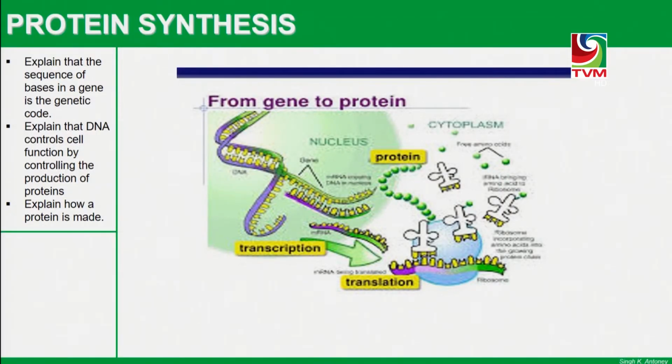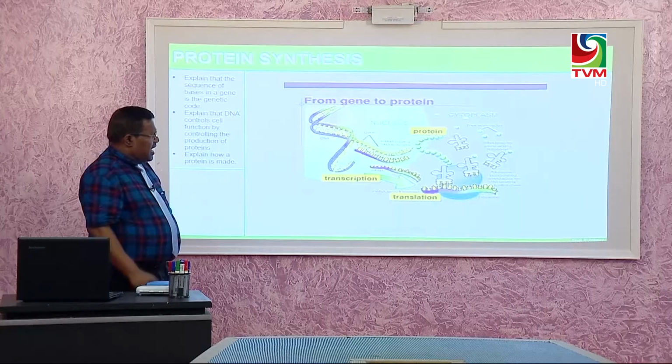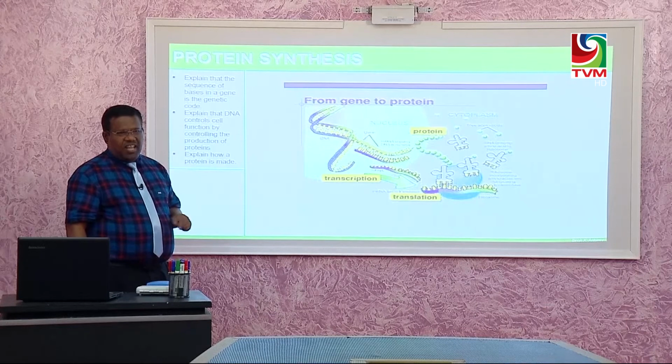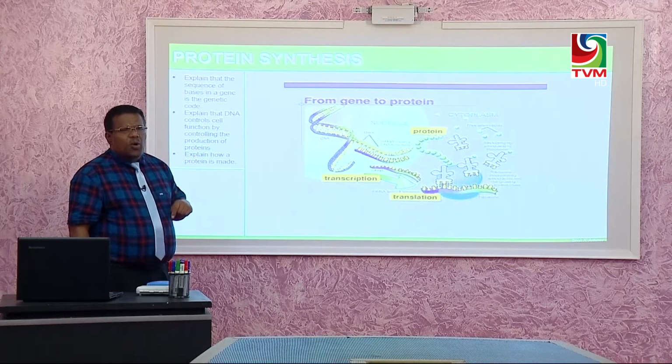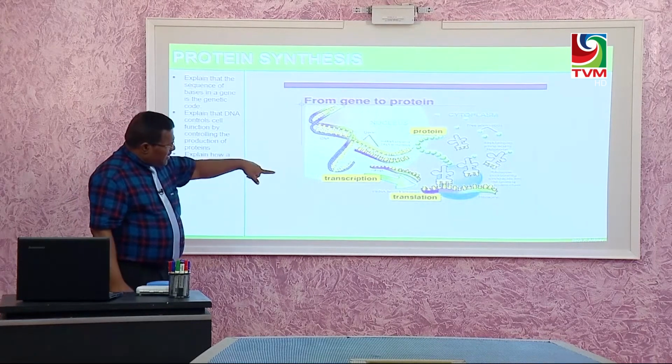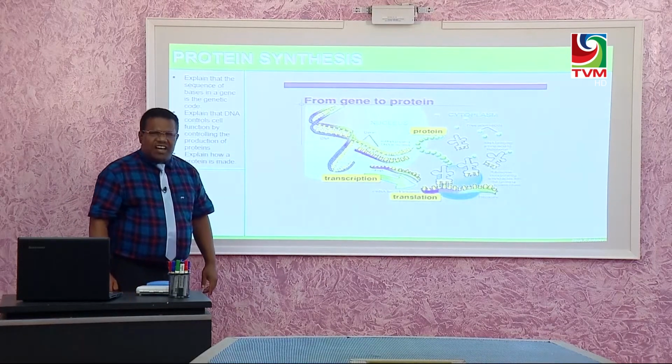We have already seen that gene is the length of DNA, and that length of DNA contains the triplet, which is the genetic code, which is corresponding to the genetic information. And that genetic information will be copied down into RNA molecule. The RNA molecule that is being formed is known as the messenger RNA.